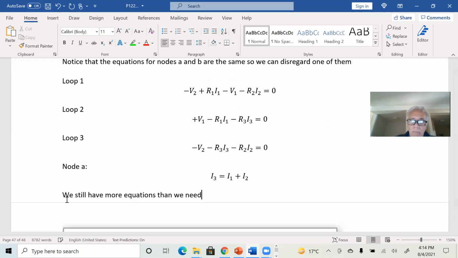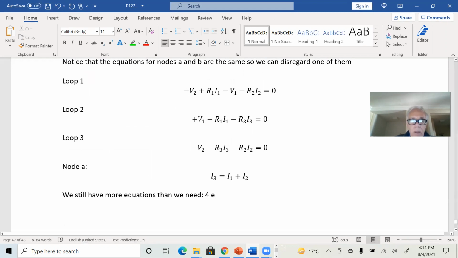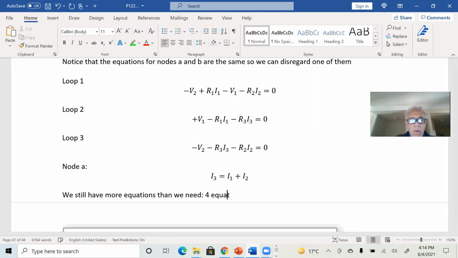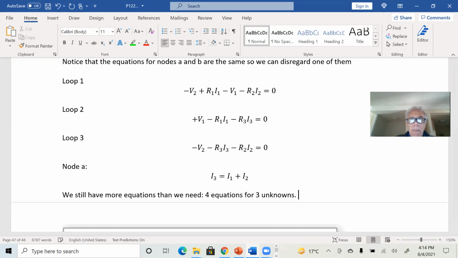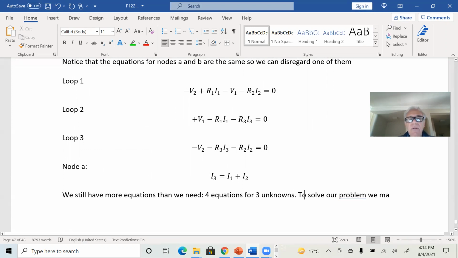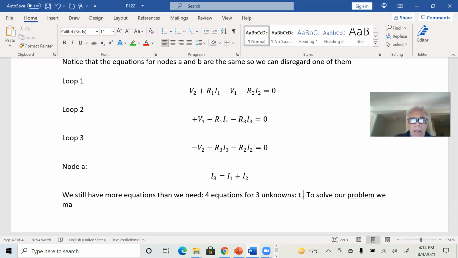Four equations for 3 unknowns is an overdetermined problem. What does it mean? It means that one of the loop equations is dependent on the other 2.